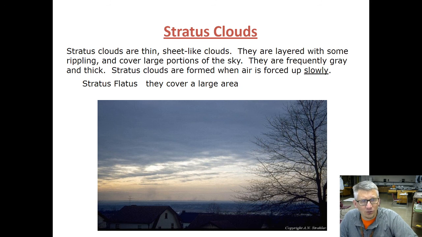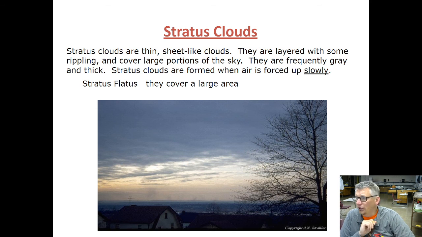Stratus clouds are going to be flat. They can happen at all layers of the atmosphere. They cover a large area. This particular picture may lead you to believe that it only happens when it's dark out, but that's not true.